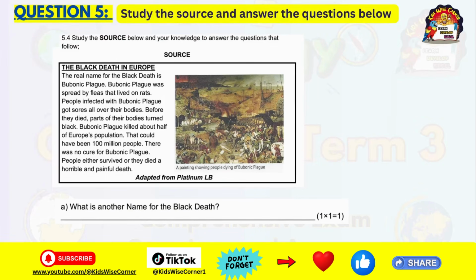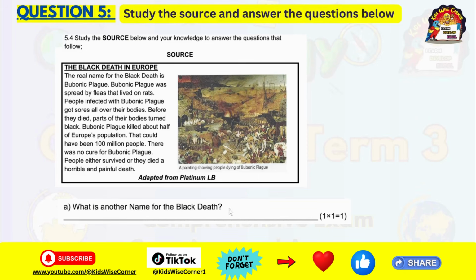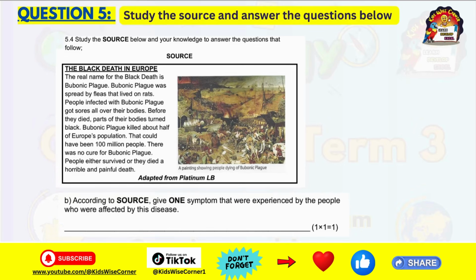Based on this source, what is another name for the Black Death? Bubonic plague. According to the source, give one symptom that was experienced by the people who were affected by this disease. They had sores all over the body.